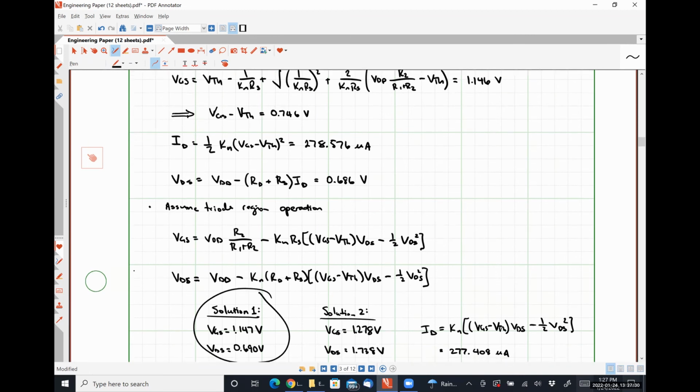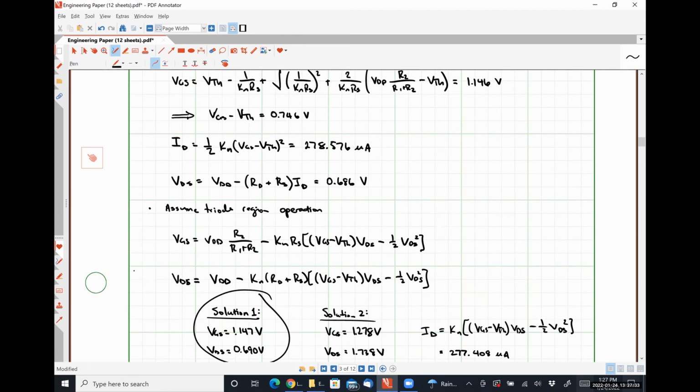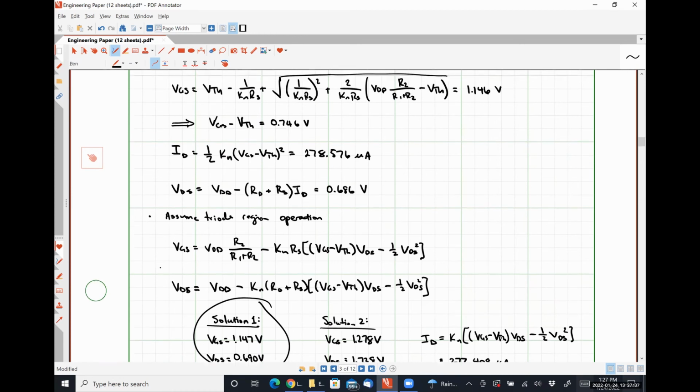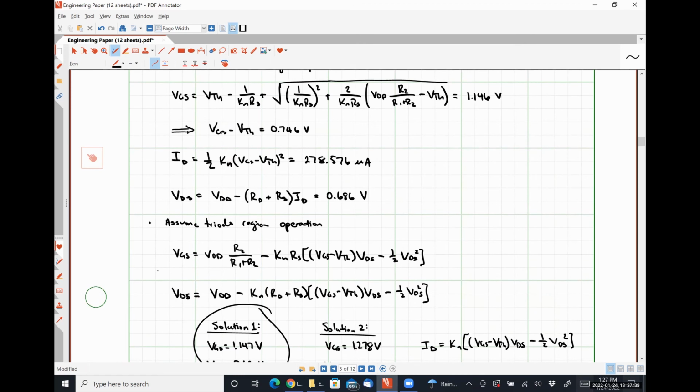Sorry, so you're saying here we solved it and we got 1.147, and then up here we got the same. That's just the value of the resistors that happen to be chosen for the circuit. That's literally it. I can't think of any other reason other than the numbers that I happen to choose worked out that way.